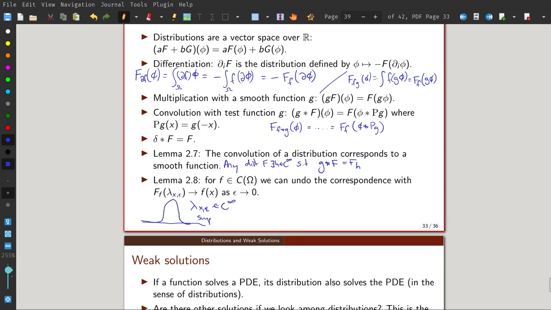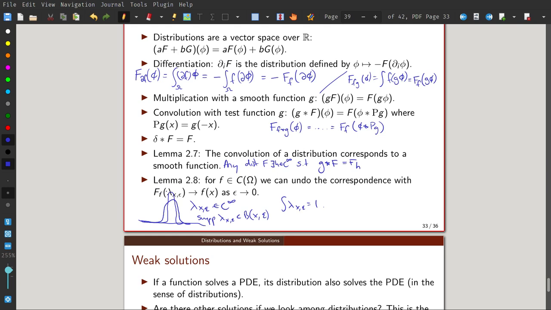The support of it lies in the ball centered at x with radius epsilon. And there's one more property: the area under each of these functions is always equal to 1. So the idea is you should understand functions that are coming towards 0, but they get taller as they come towards 0 in such a way that the area is always 1.